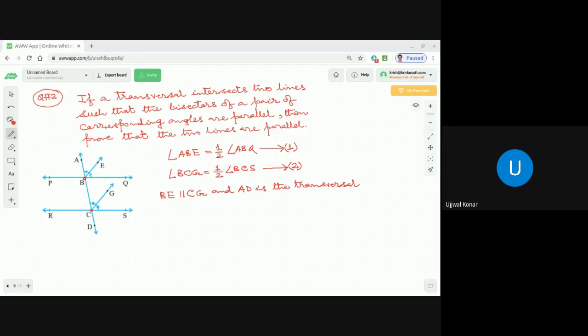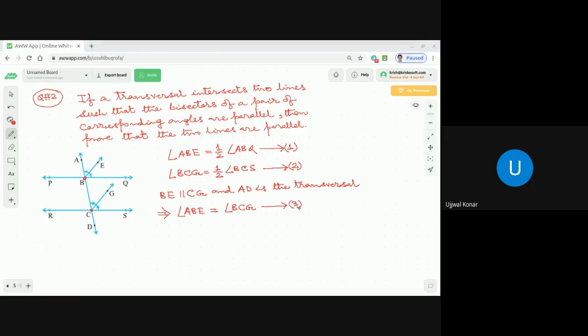Definitely we can conclude from the corresponding angles axiom that angle ABE is equal to angle BCG. Correct or not? So this implies angle ABE is equal to angle BCG. I repeat, dear students, that we are able to conclude with the assistance of the corresponding angles axiom. Now let's give this as equation number 3.